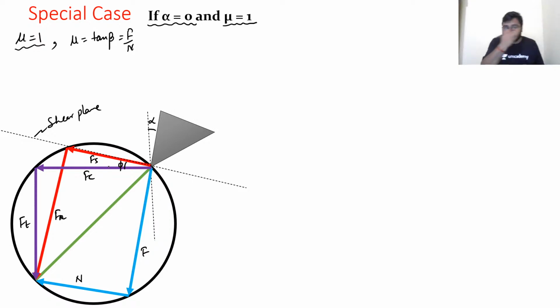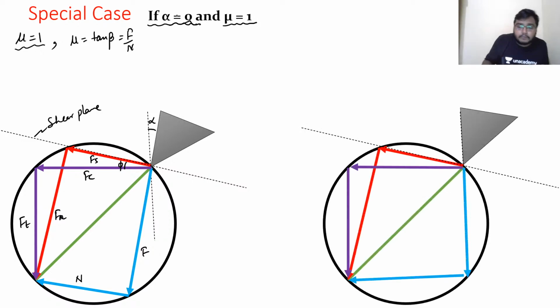So these things are there. Now when you are telling that alpha is equal to 0, so alpha will be 0, right? So here you can see the alpha is actually 0. And this angle is actually what? Beta. So beta, right? Tan beta is equal to mu. Mu is the coefficient of friction.